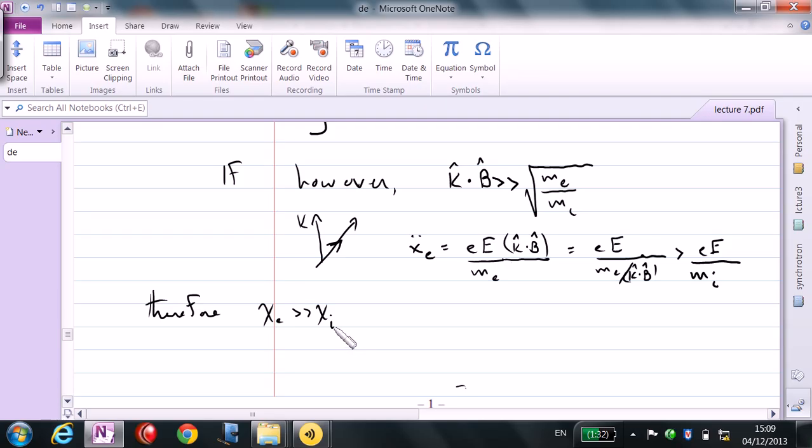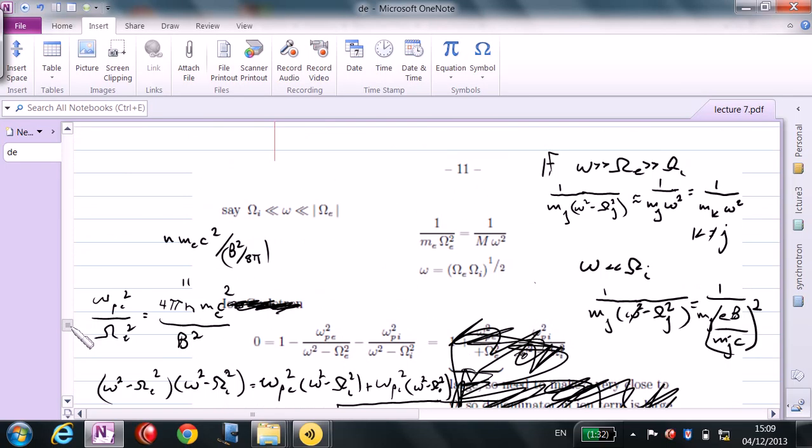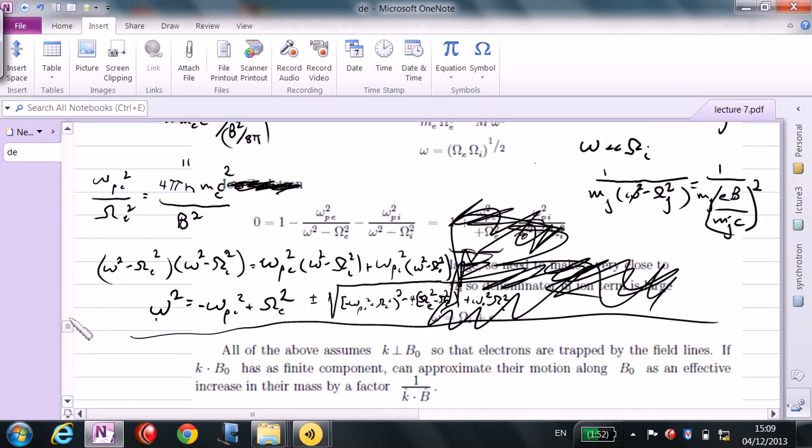And if they're both, then the argument I said before works. If these are much greater than 1, in other words, I have quasi-neutrality, then omega has to be very close to omega I, so this term balances this term.